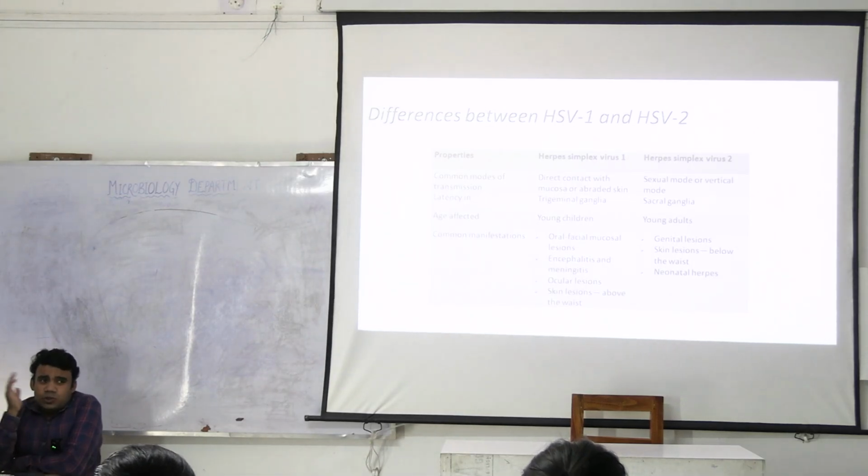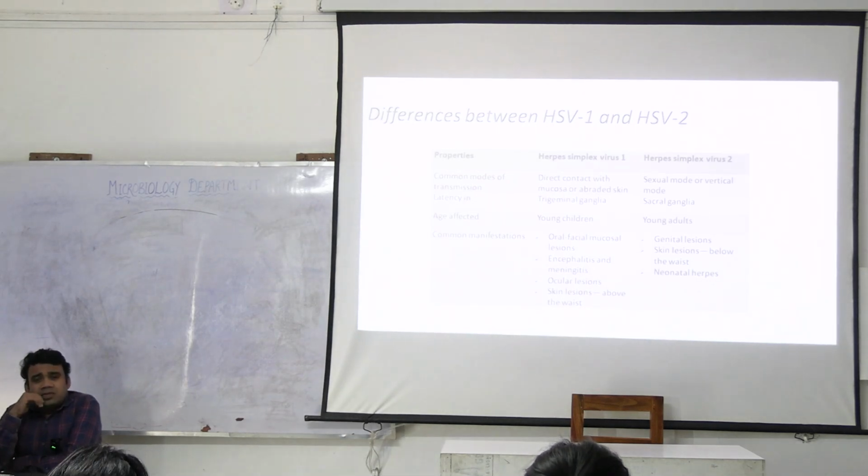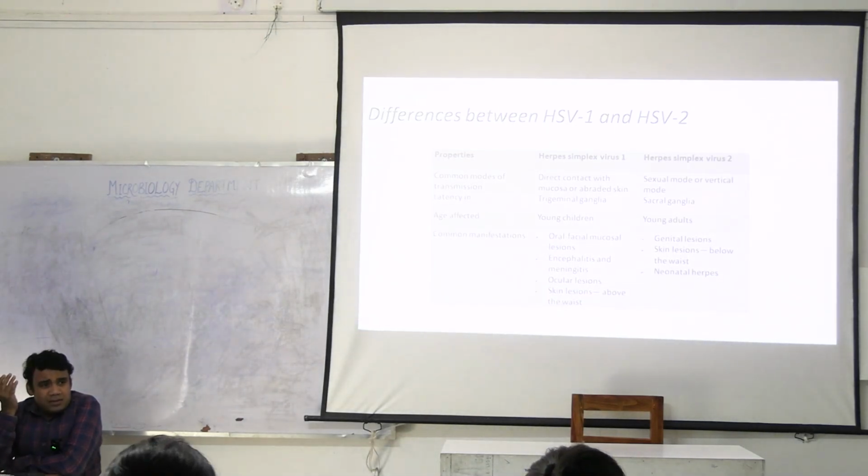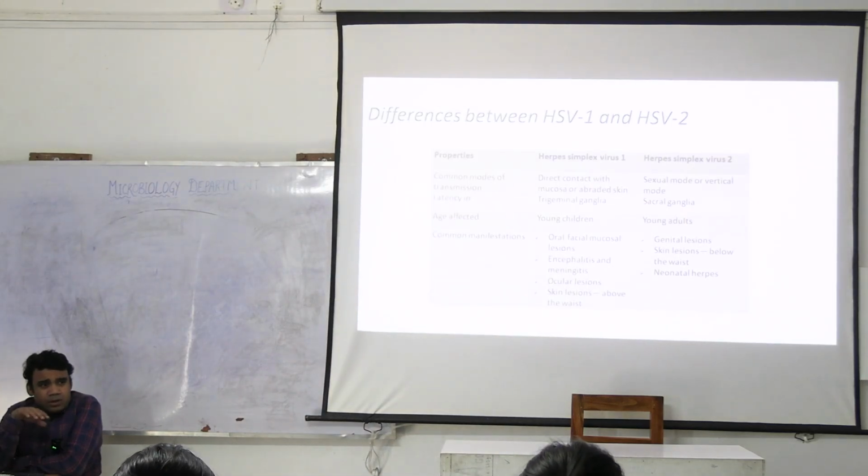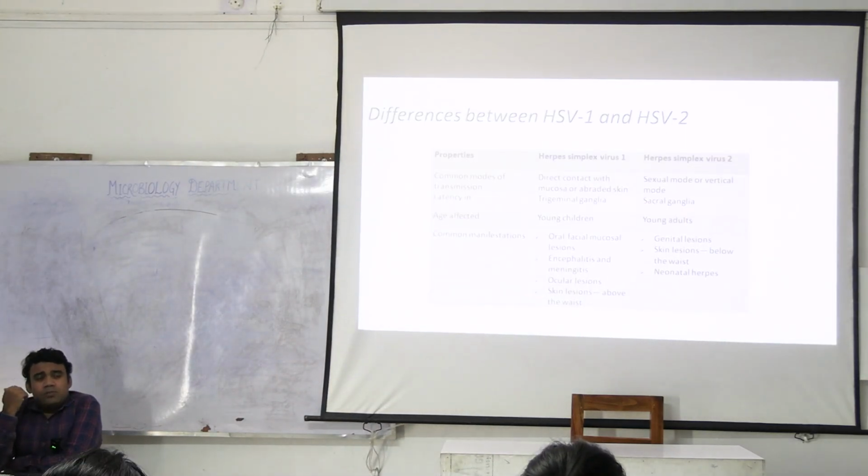Hence, HSV2 is more commonly associated as a sexually transmitted disease. Furthermore, there is a preferred area of distribution: HSV2 commonly affects below the belt, that means below the abdomen, whereas herpes simplex virus 1 predominantly affects above the abdomen.